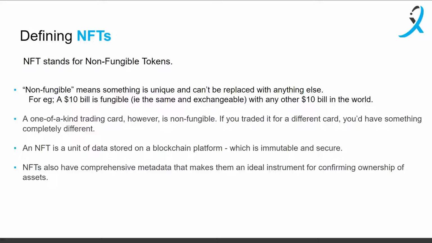But there's a lot of metadata behind it as well. So CryptoKitties, for example, each kitty has a ton of metadata behind it. You can take a screenshot of the CryptoKitty on your screen, but that doesn't mean you get any of the metadata. And the fact that we can store metadata on it makes it an ideal instrument for confirming ownership of digital assets.